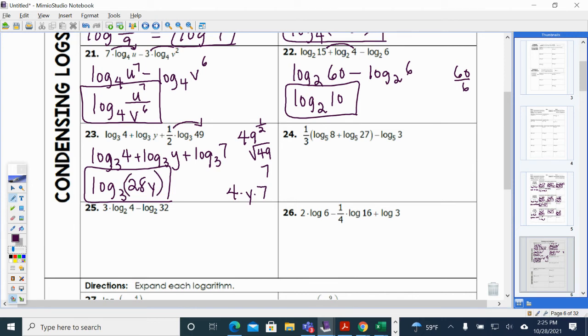Number 24. There's a 1/3 in front of your parentheses. You got 1/3 times log base 5 of 8 plus log base 5 of 27.